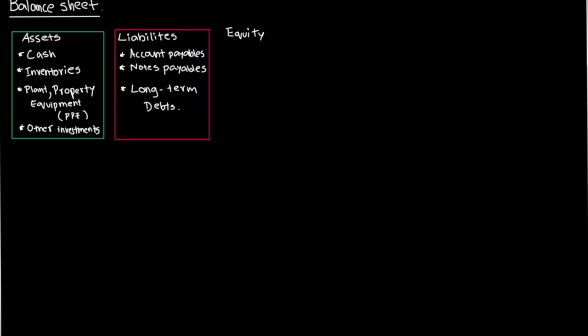So finally, we are at equity. So equity. Okay, so equity, the first thing we have on equity is called the common stock. So the common stock is basically signifies the ownership, right? They put the initial money for getting into the company, and the retained earnings.